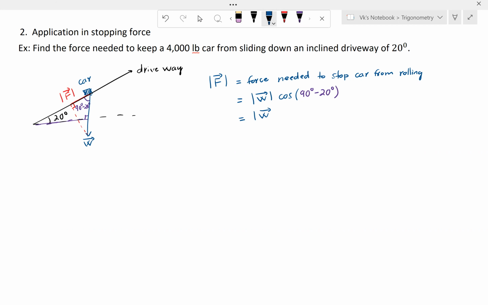And so this is the magnitude of W multiplied by, well, there's an identity that tells us that cosine of 90 degrees minus the angle theta is exactly sine of the angle theta. So sine of 20 degrees. And so it is 4,000 multiplied by sine of 20 degrees. That is approximately 1,368 pounds.